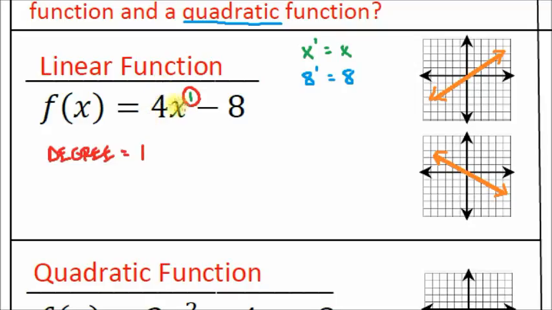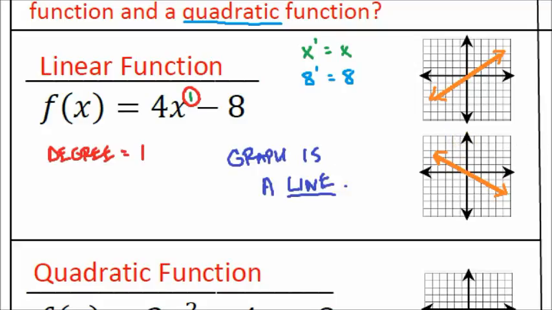If you see a function whose degree is 1, that tells you it must be a linear function. And we just talked about how a linear function graphs. I'll just put: graph is a line. And that's where linear comes from. The graph is a line.